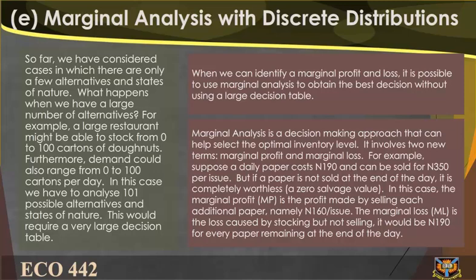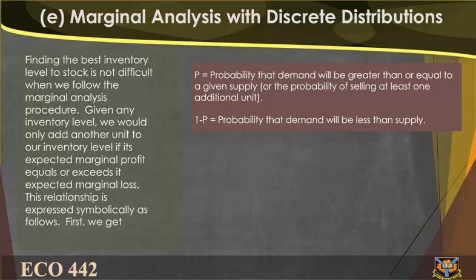E. Marginal analysis with discrete distributions continued. Finding the best inventory level to stock is not difficult when we follow the marginal analysis procedure. Given any inventory level, we would only add another unit to our inventory level if its expected marginal profit equals or exceeds its expected marginal loss.